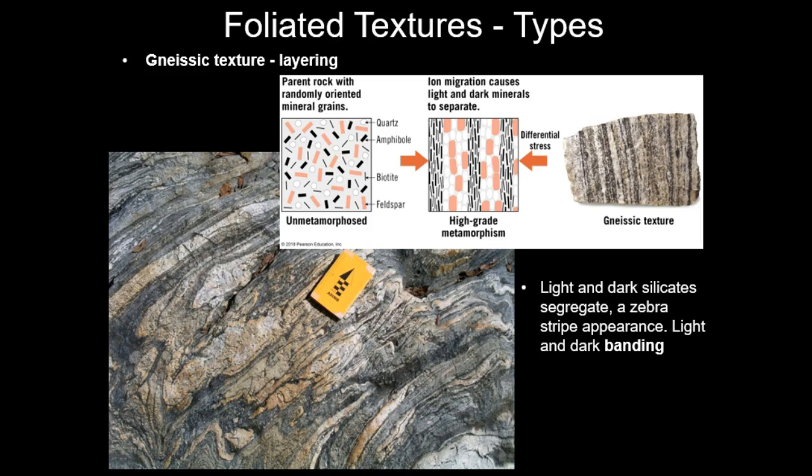So gneisses do not split nearly as easily as schists do, even though they are foliated. Gneiss, which is the rock after which the texture is called, has that banded appearance of light and dark minerals. The most common minerals are quartz and feldspars within there, but you can also have some micas and some amphiboles.